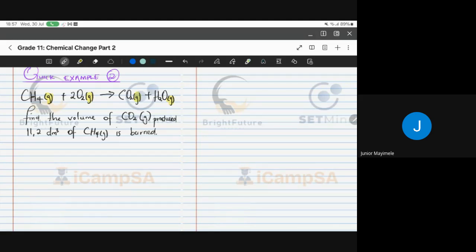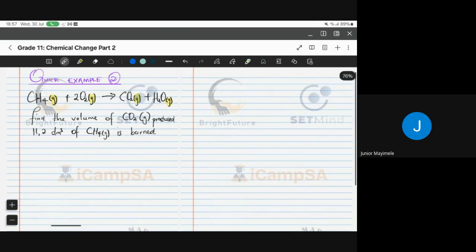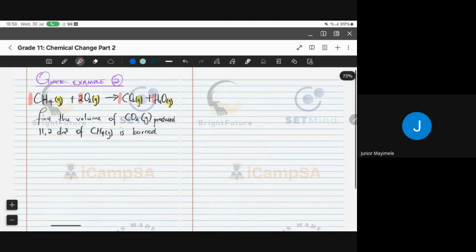So remember what we said about these ratios. Here you'd have a 1, and you'd have a 1 here, and you have a 1 here. I know that the mole ratio of CH4 to carbon dioxide is 1:1, right?